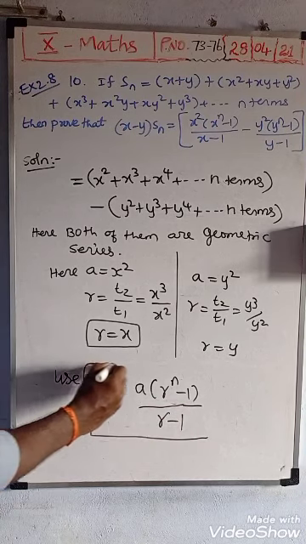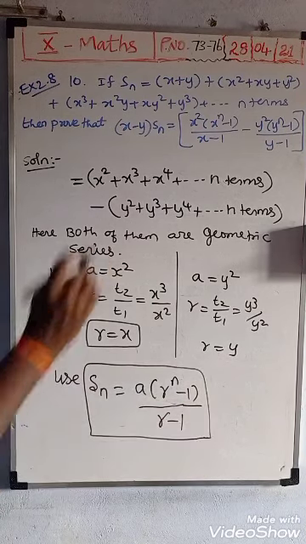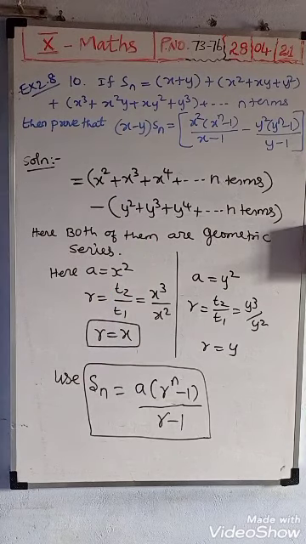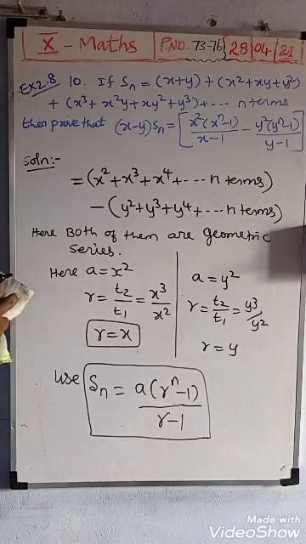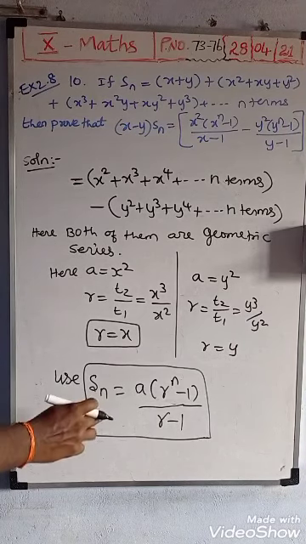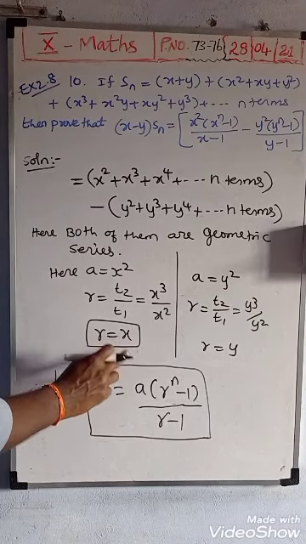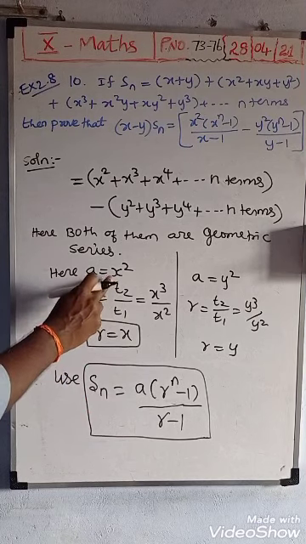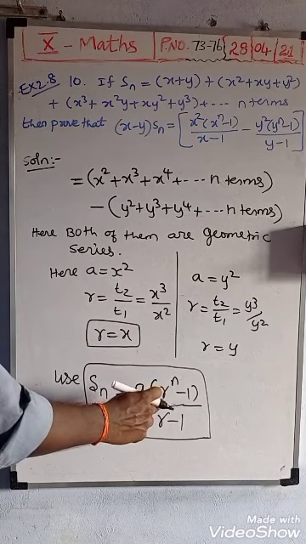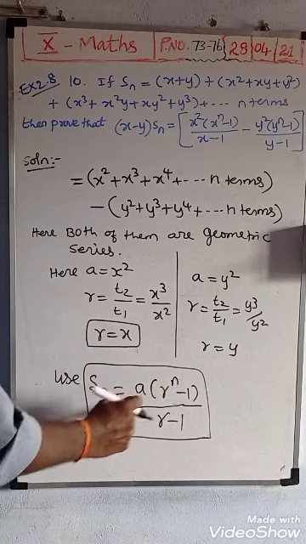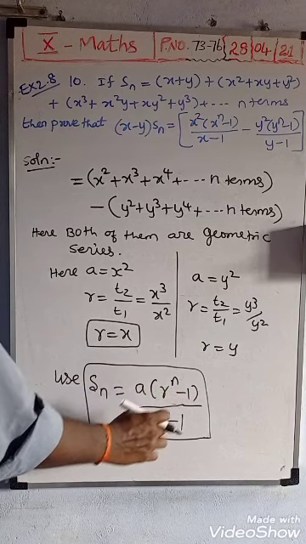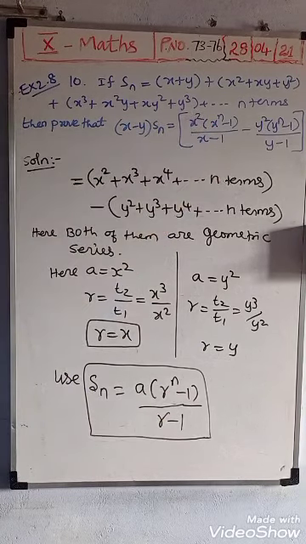After using this formula, what will you get? Instead of a, x squared. So x squared of r value x. So x power n is n only. So x power n minus 1 divided by x minus 1. So you will get this answer.